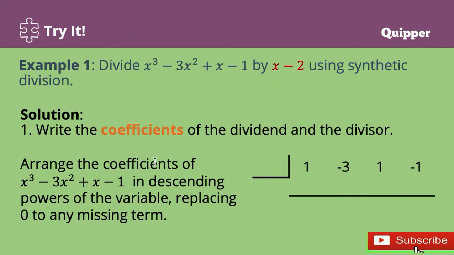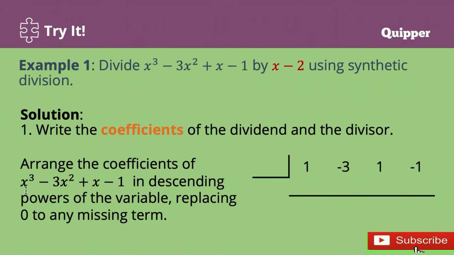The powers of the variable must be in descending order. As we observe, the exponents are already in descending order, and there is no missing term. So we can proceed by extracting the numerical coefficients.